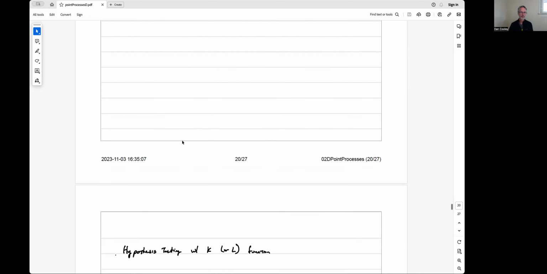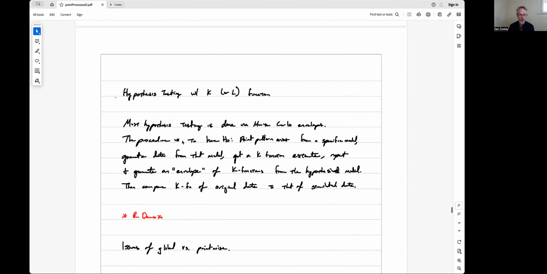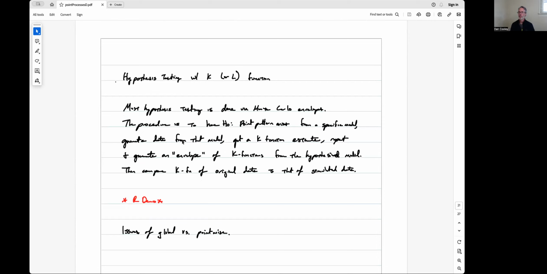Okay. So we talked about performing hypothesis tests with quadrat data or with distance data, distance sampling, the Clark and Evans nearest neighbor function. How do you do hypothesis testing with the K or the L function?